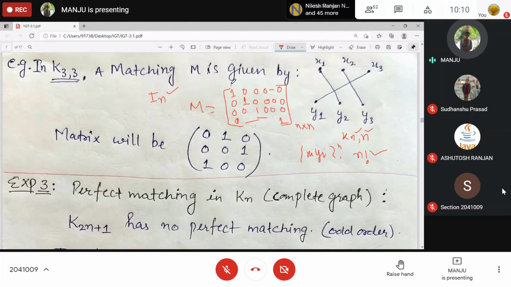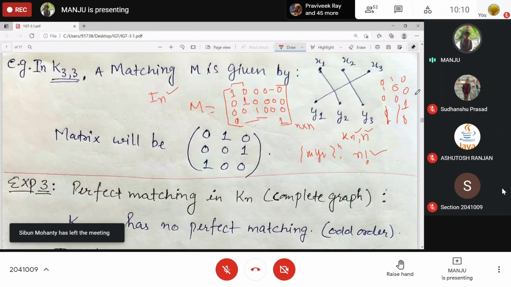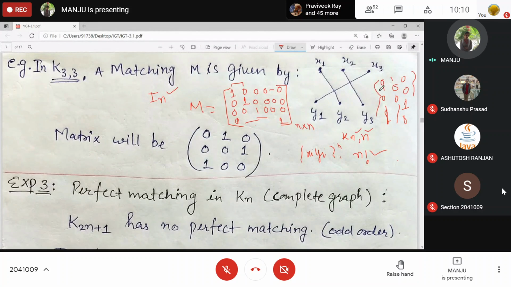If you interchange this one with this one, then you get 0, 1, 0, 0, 0 in the first row, and 1, 0, 0, 0, 0 in the second, and the rest is the same. So this matching shows that x2 is related with y1 and x1 is related with y2, and the others are (xi, yi). Clear? So this is also a permutation matrix.